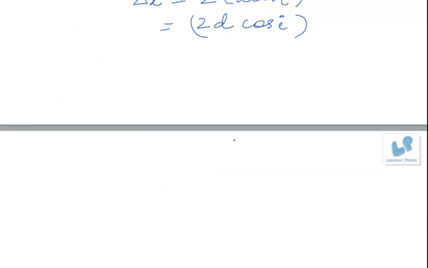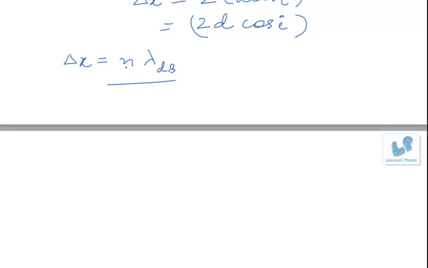Now if this path difference delta x is an integral multiple of the wavelength of the electron, which is the de Broglie wavelength, then they may interfere constructively.